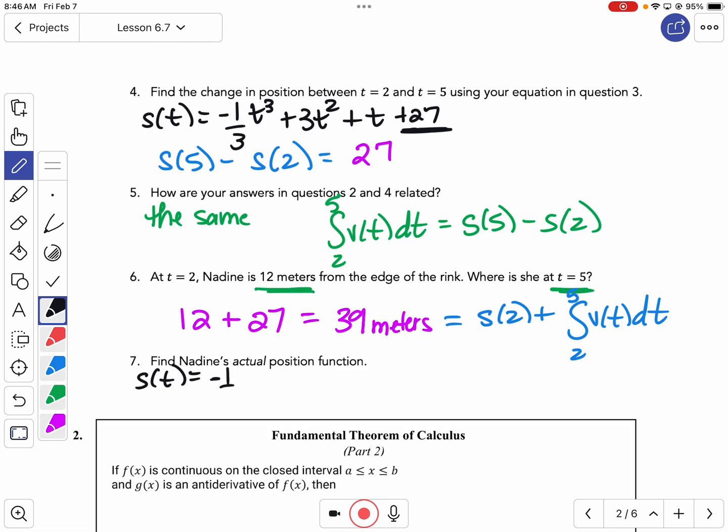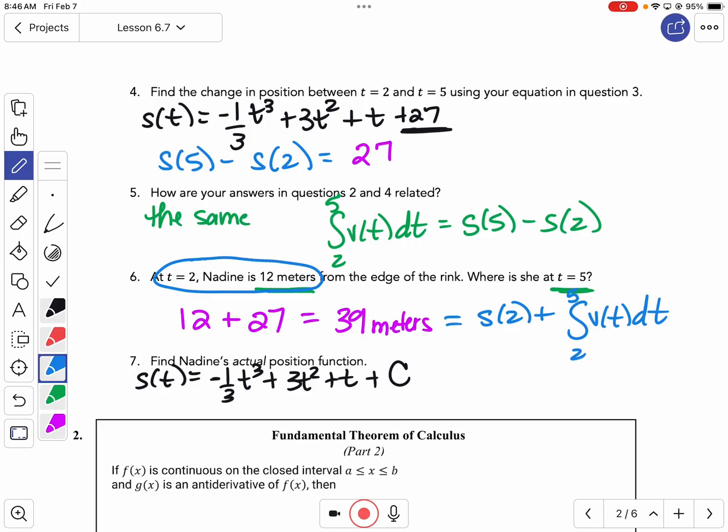So I have negative 1/3 t cubed plus 3t squared plus t, and we're going to call it plus c. There's a constant there that we need to find.